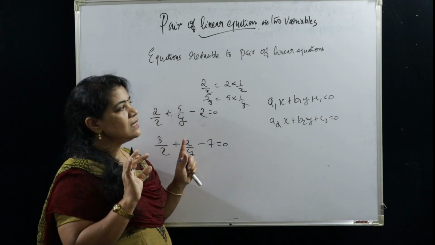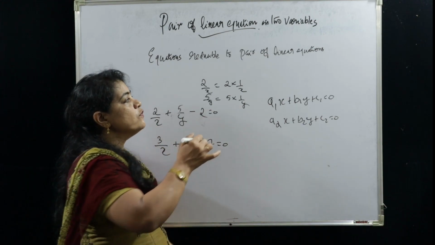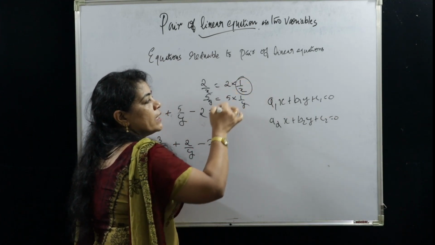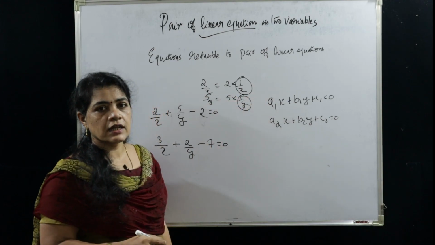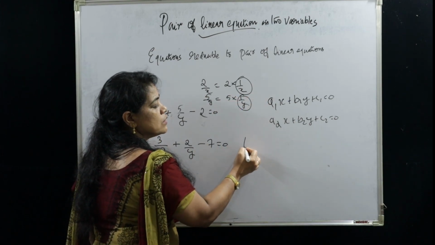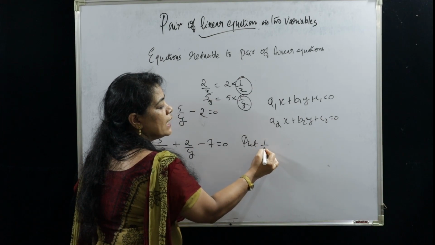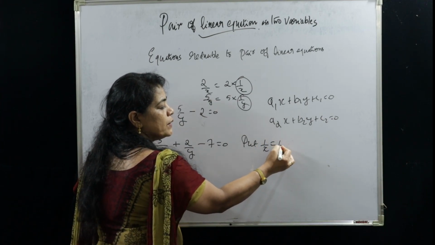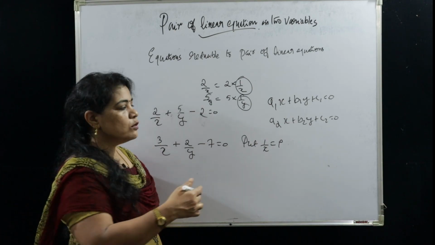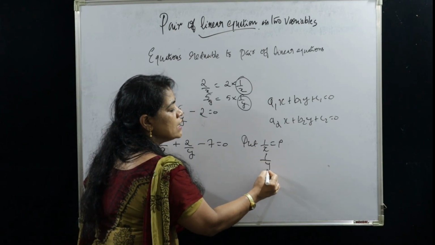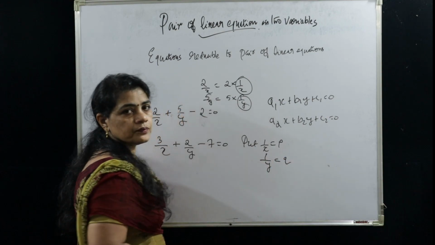In such cases, we need the variable in the numerator. 1 by y also in the numerator. For that we give a substitution: put 1 by x equal to p or u, any variable other than x and y, and 1 by y equal to q.